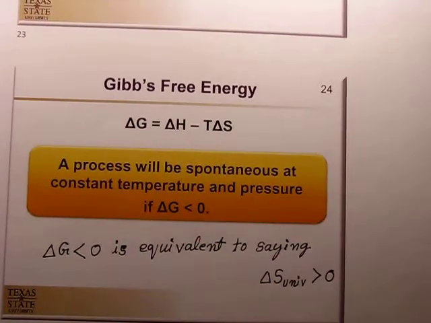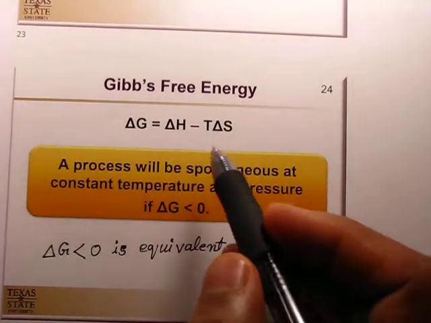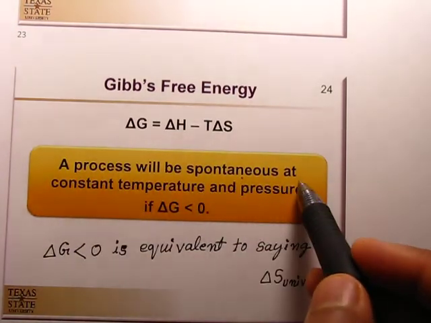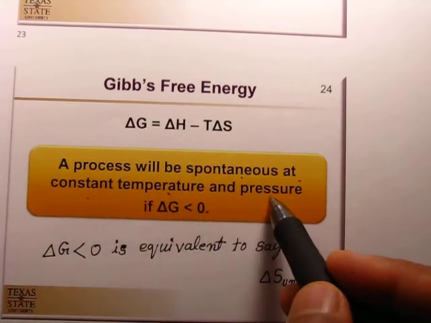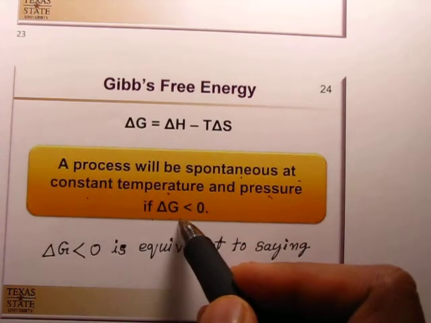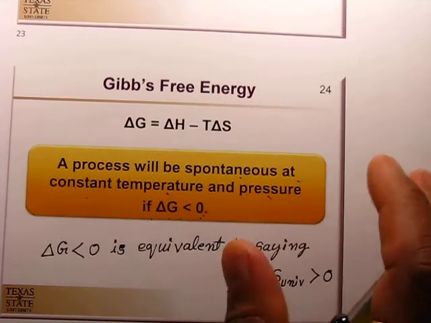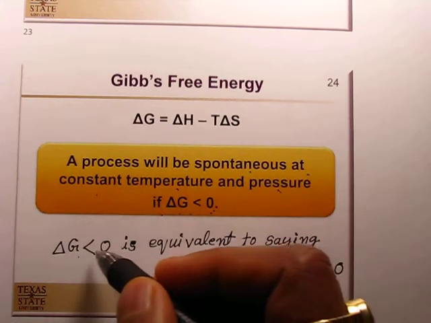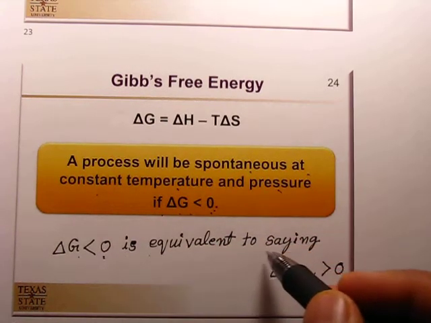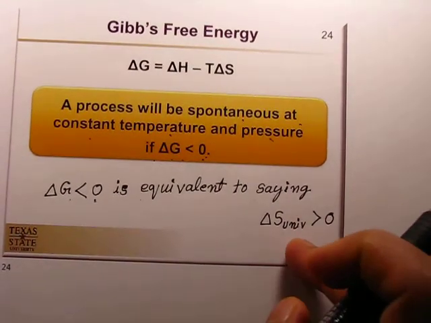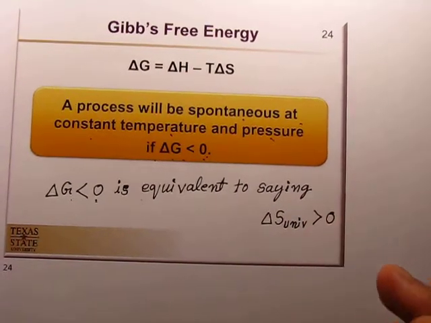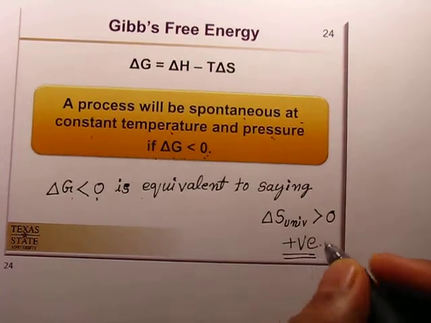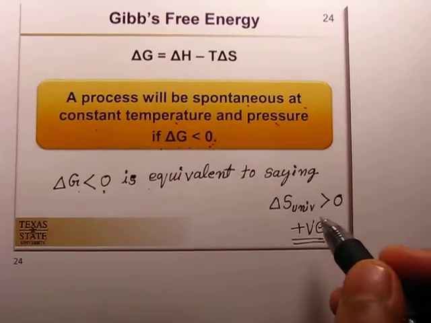What we can get from this is that a process will be spontaneous at constant temperature and pressure if delta G is less than 0, negative. Delta G less than 0 is equivalent to saying that delta S of universe is more than 0, positive.